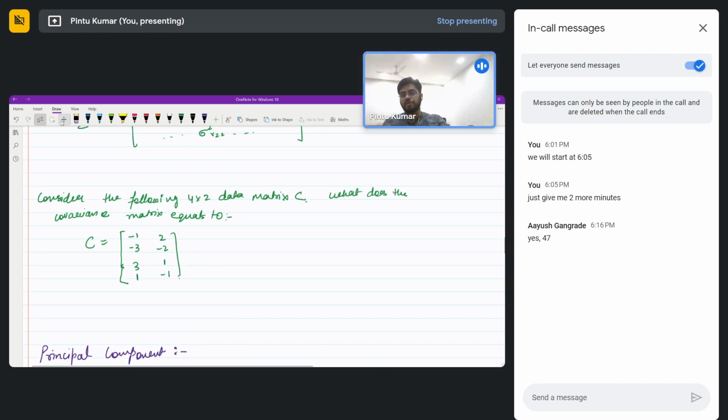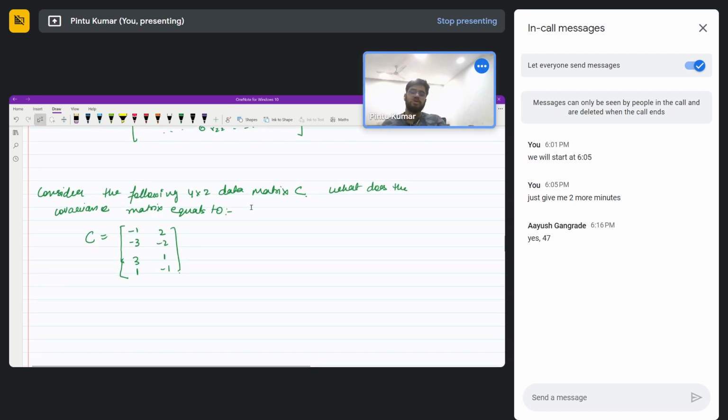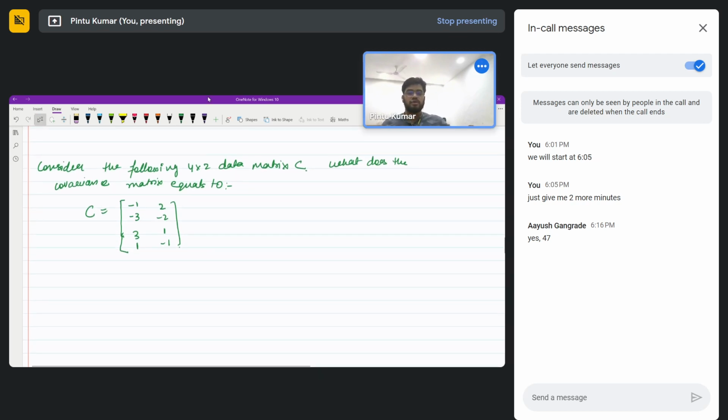So now this is one example very similar to what is given in your assignment. You are given a data matrix C, and you have been asked to find its covariance matrix. One very small thing: if you have a matrix such that the column sum is 0, that is, let's say this was x1, this was x2, the mean of x1 is 0 and the mean of x2 is 0, then you can straight away calculate the variance matrix using this formula.